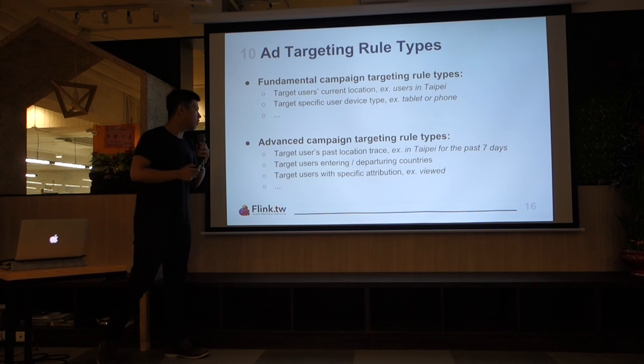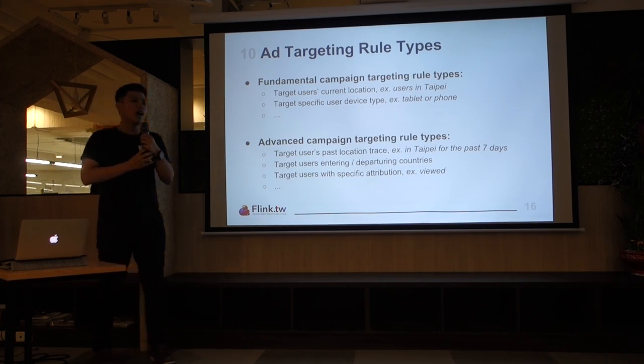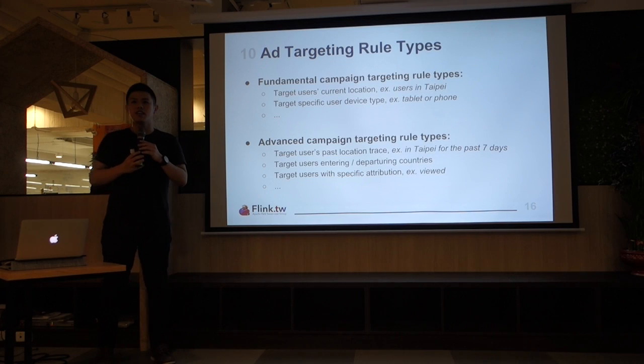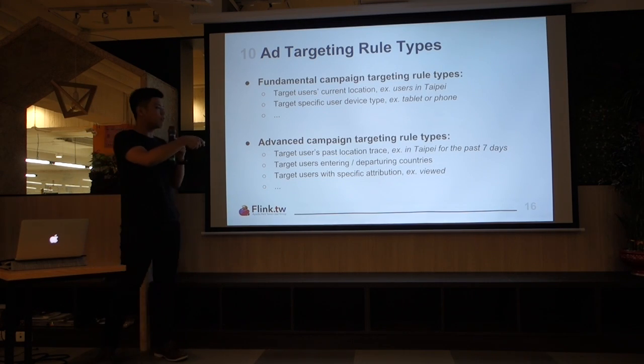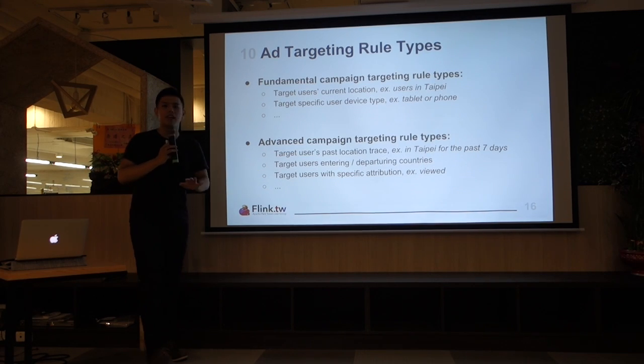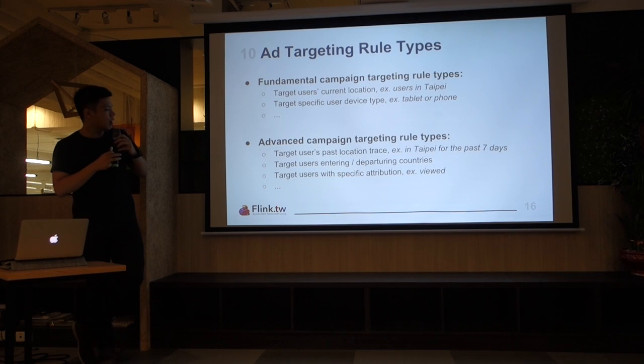But this is harder. Target users past location trace. Say, I want to target users who were in Taipei at least once for the past 3 days. Now to fulfill this request, we have to look at historical data, the data that we kept. And the second part, target users entering or departing countries.